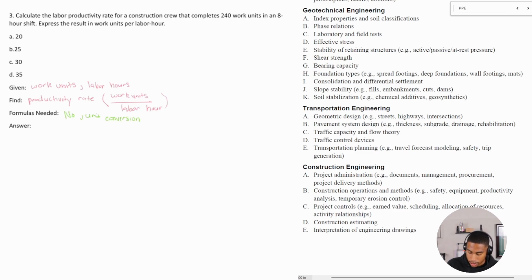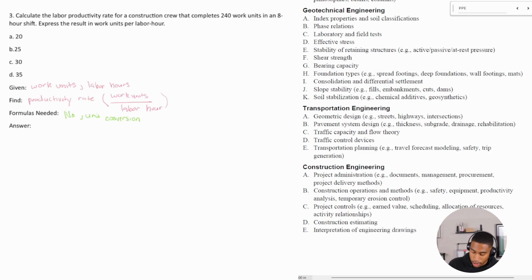If they want our answer in work units per labor hour, we have the work units, we have the labor hours, which is the 8-hour shift. So it's just a matter of getting it in the correct units and getting our answer, right?